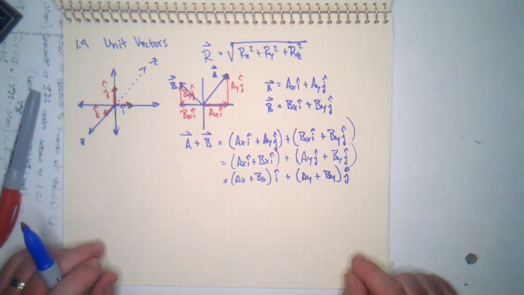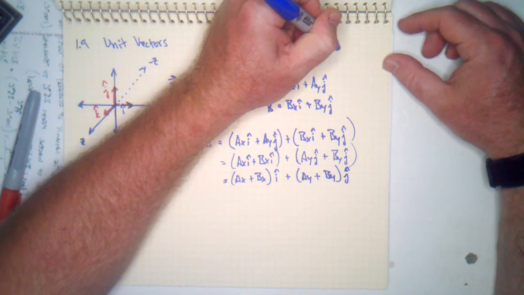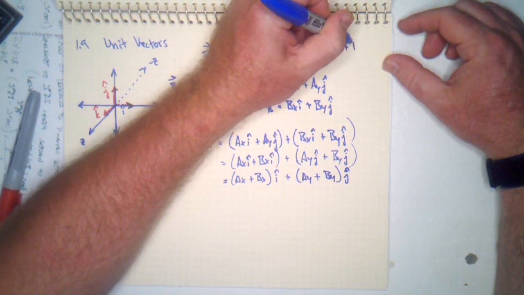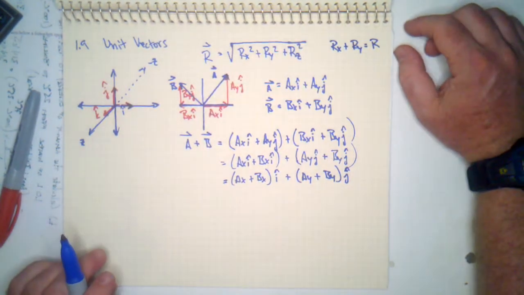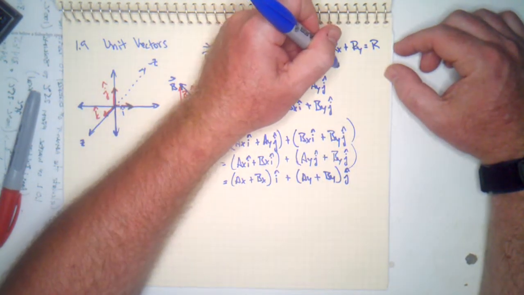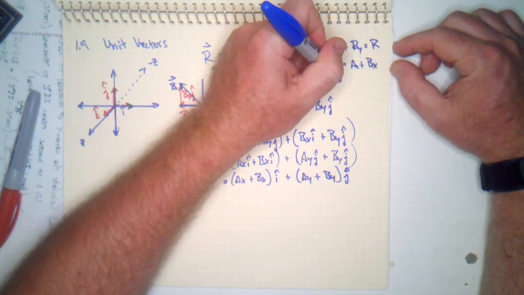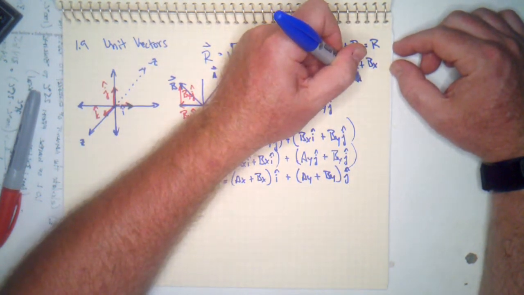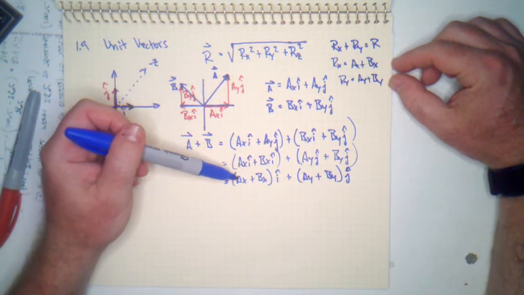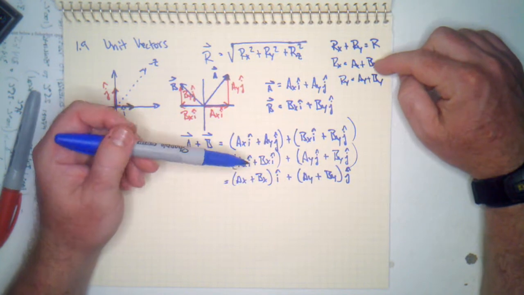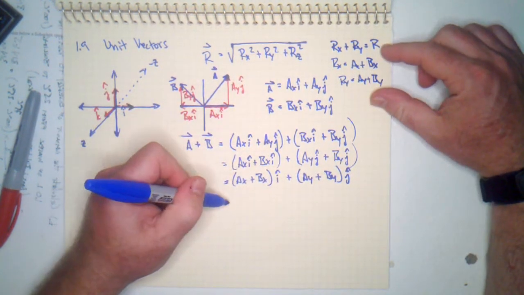Now, you might remember that Rx plus Ry equals R. And Rx equals Ax plus Bx. And Ry equals Ay plus By. Well, hey, look what we got here. Ax plus Bx, that's Rx. Ay plus By, that's Ry.